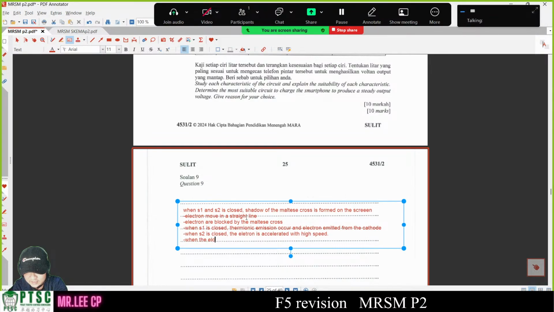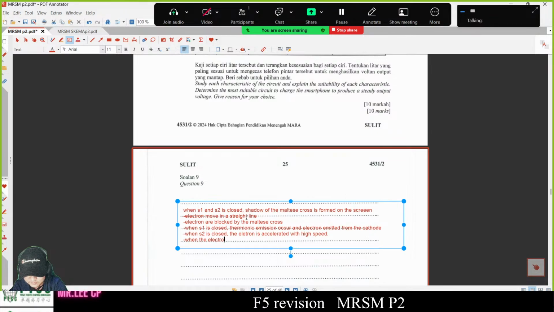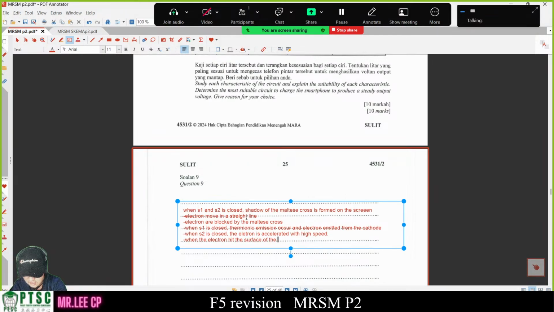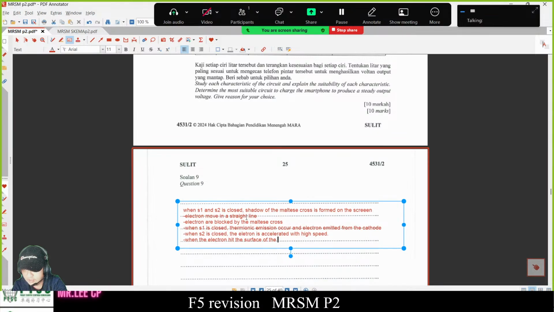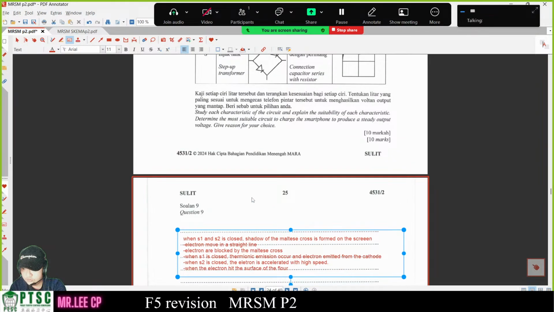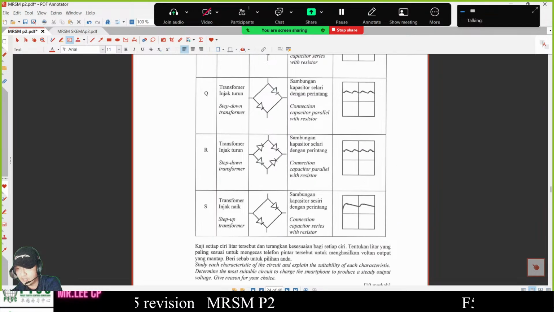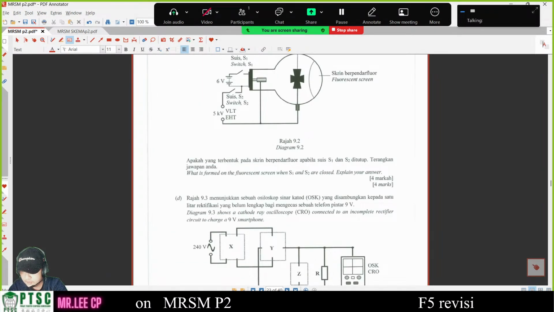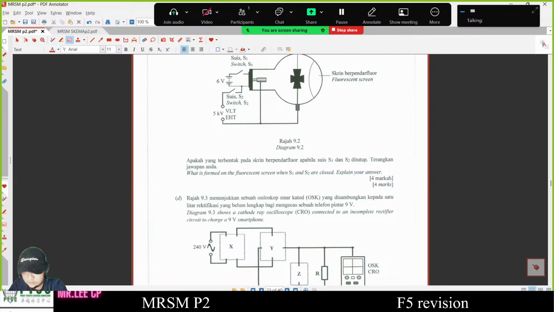When the electron hit the surface of the, should be fluorescent or pentafluoro. Let me see. Hit the fluorescent screen.